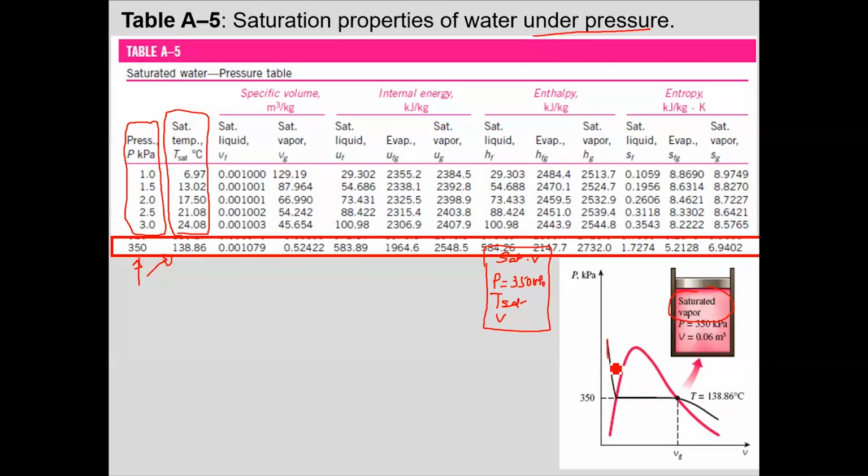This line, which is a constant temperature line, would be at 138.86, and the specific volume would be 0.001079. This would be the specific volume of saturated vapor.